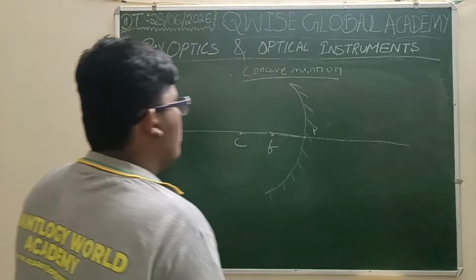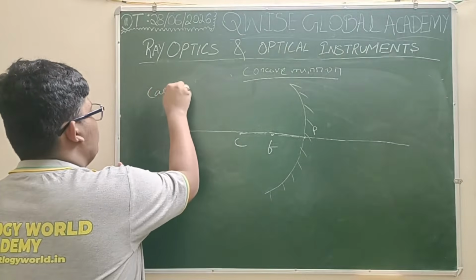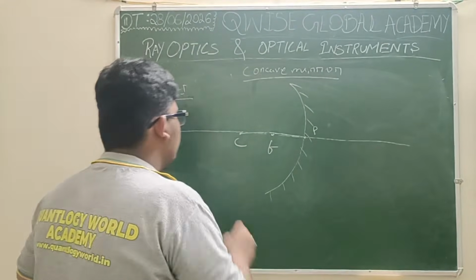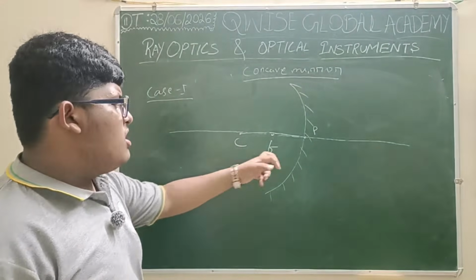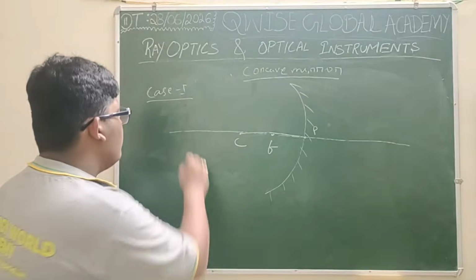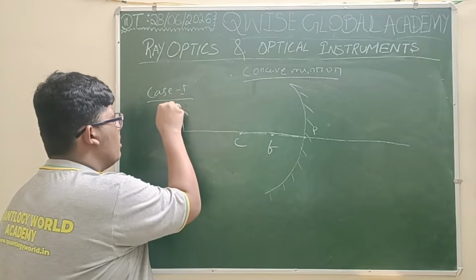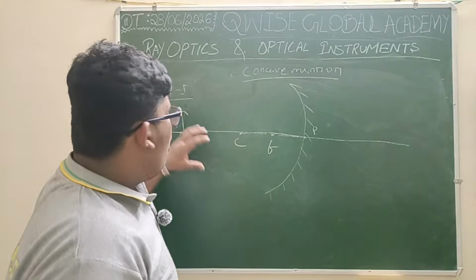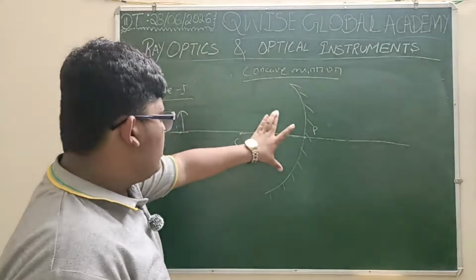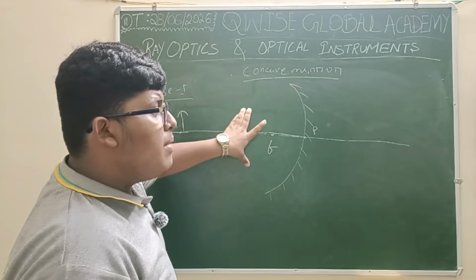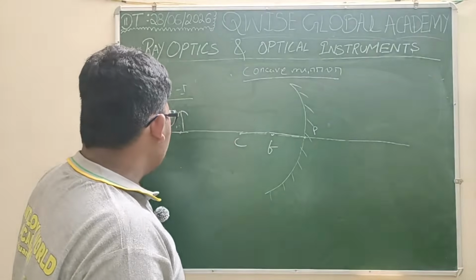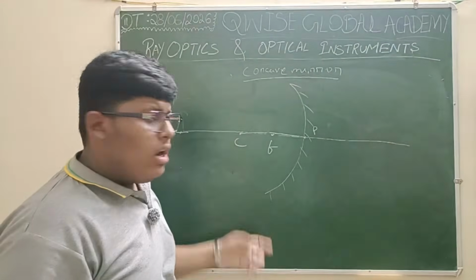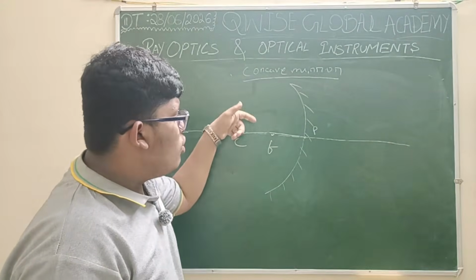So case 1: object is at infinity. Let's say this is the center of curvature, this is the focus, and this is infinity. An object is standing here. When light falls on it, where does the image form? First we'll see what happens when light falls parallel to the mirror or through the focus.